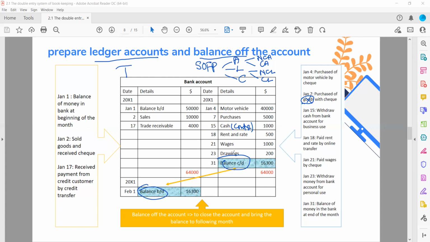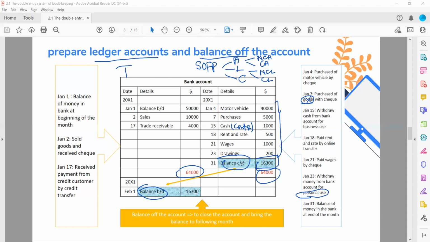On 23rd, drawing. The moment you see drawing, this is withdrawing money from the bank for personal use. The keyword is for personal use, not business use. End of the month, we have to calculate the subtotal in the debit and credit. If the debit is more than the credit, we will have a balance carried out in the credit side, and balance brought down must be one complete set.